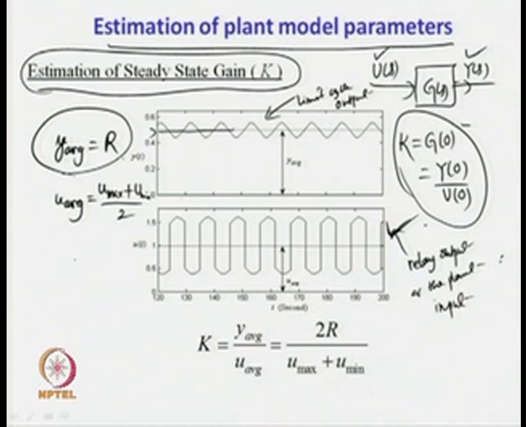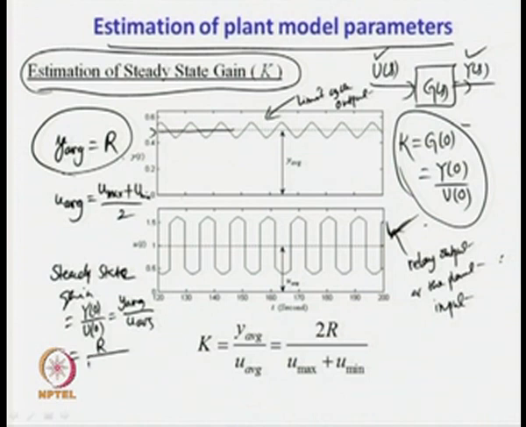Now, using these two, the steady state gain is equal to y0 divided by u0, which is equal to y average divided by u average, which will be equal to r divided by (u max plus u min)/2.